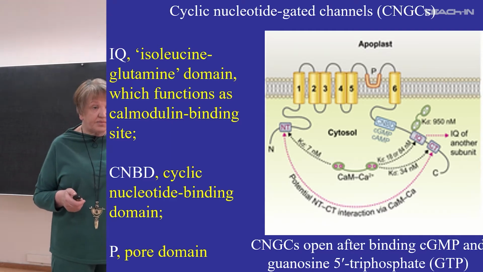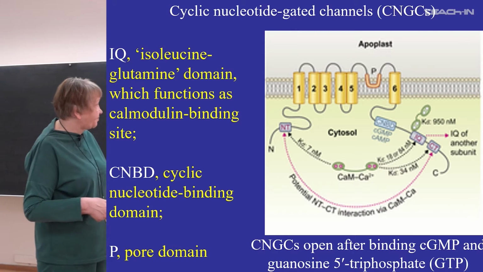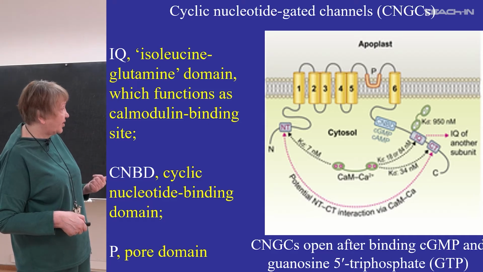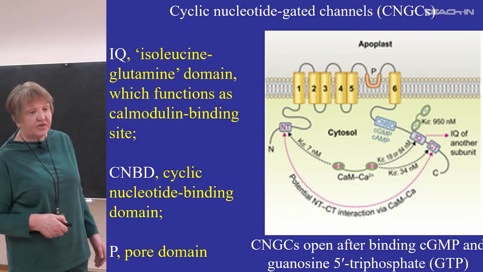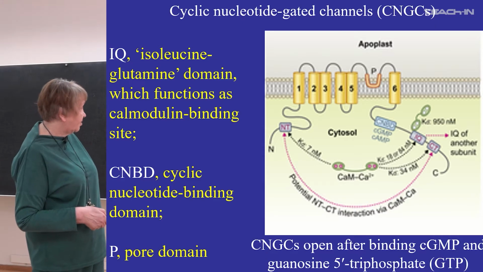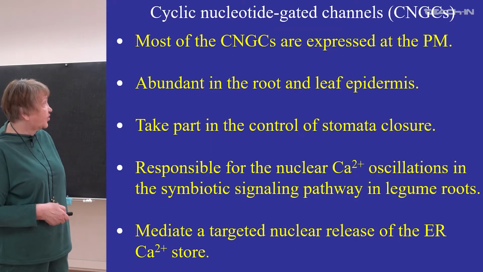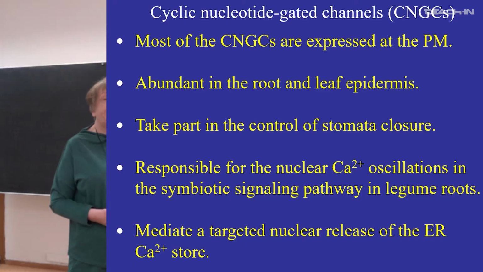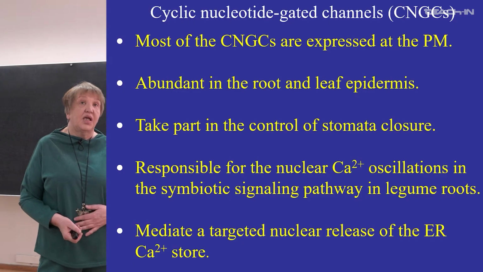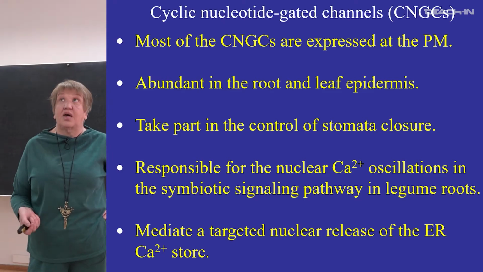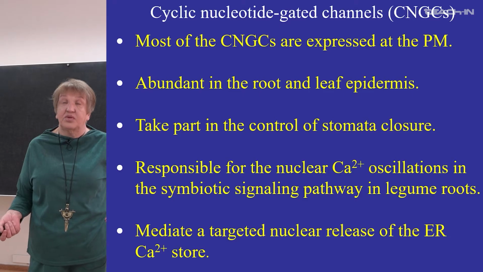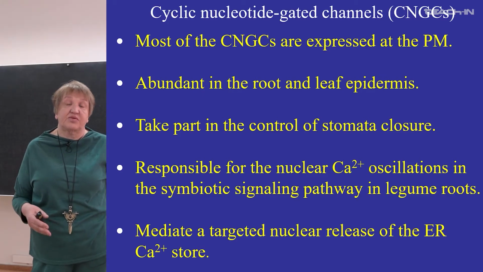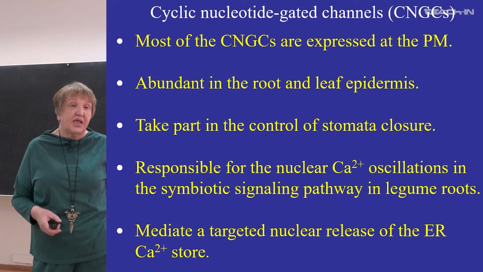So you have calcium regulation by calmodulin binding and cyclic nucleotide regulation. What these channels do, most of them are in the plasma membrane and they play a signaling role. And they are abundant in epidermis, in root and leaf epidermis, so in tissues that directly interact with the outside environment.